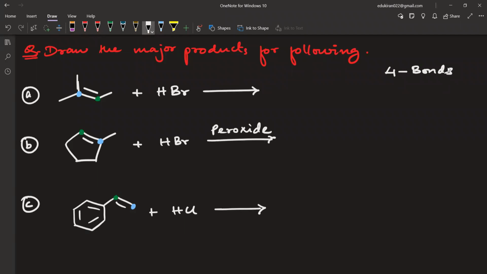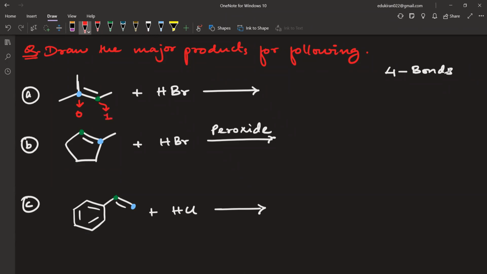No, look at the total number of bonds, look all around, not only one side. How many bonds is it making? Already 4 bonds are here, so the number of hydrogens will be zero. And here, there are 2 bonds, so one hydrogen.